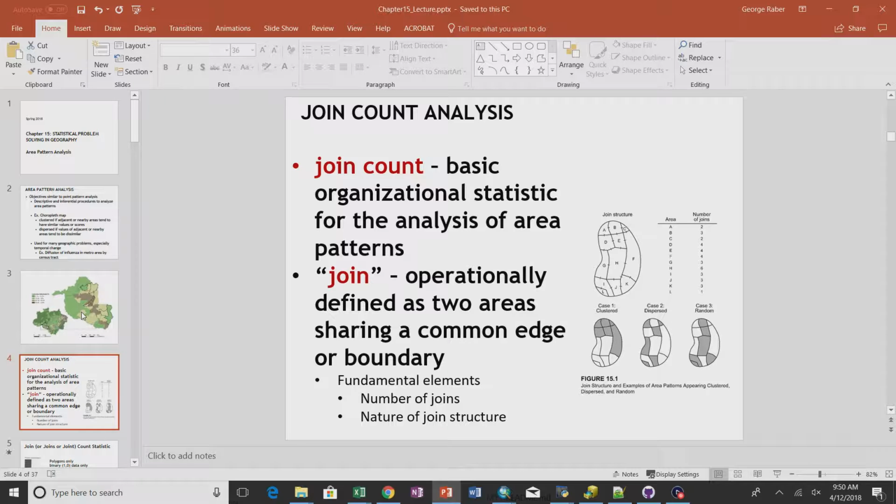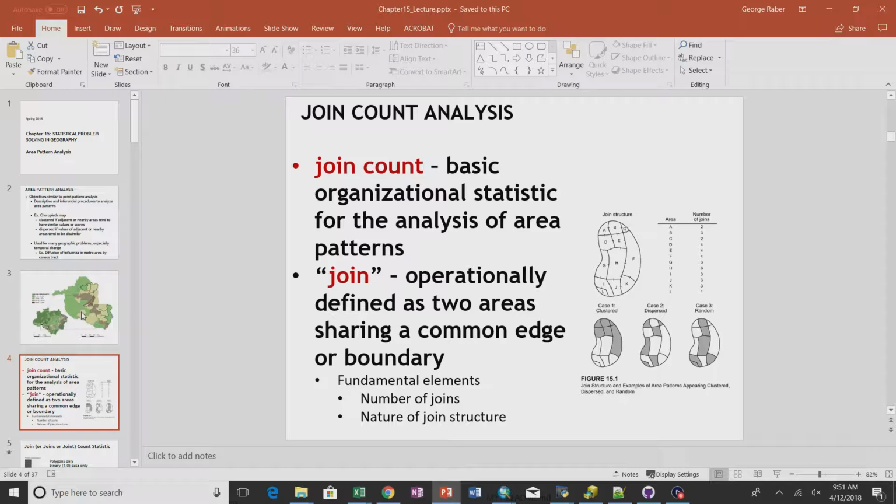Whether or not that join has, because the join represents two polygons meeting, whether or not those two polygons have the same value or different values. So a join has an attribute of having two neighboring polygons, and those two neighboring polygons both have an attribute.